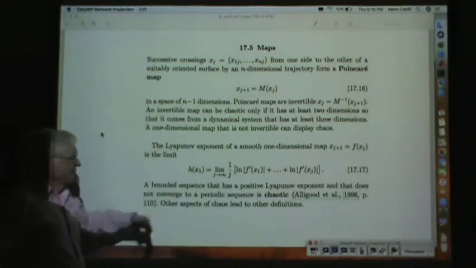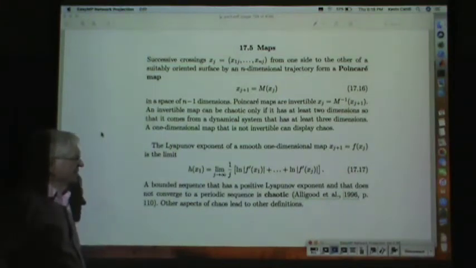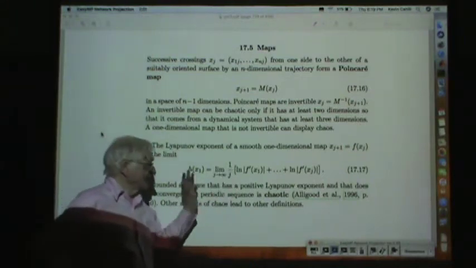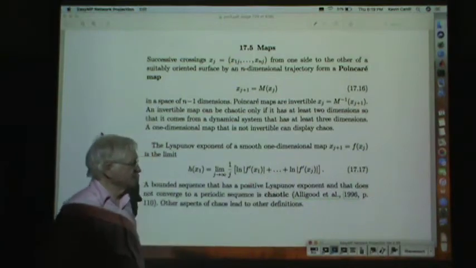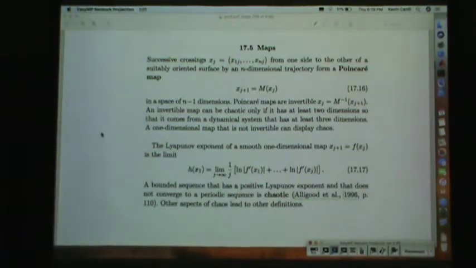Actually, let me just give you a particular formula for the Lyapunov exponent of a smooth one-dimensional map. It's 1 over j times the sum of the logs of the absolute values of the derivatives, that is, you take the average of the first j of them.